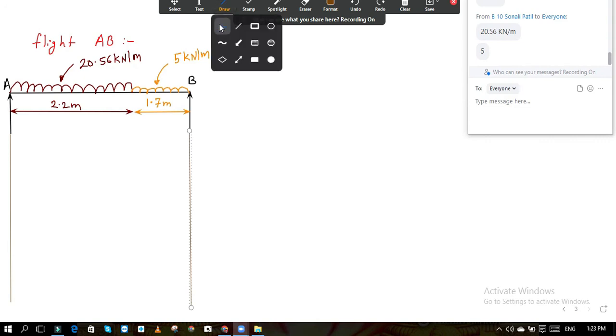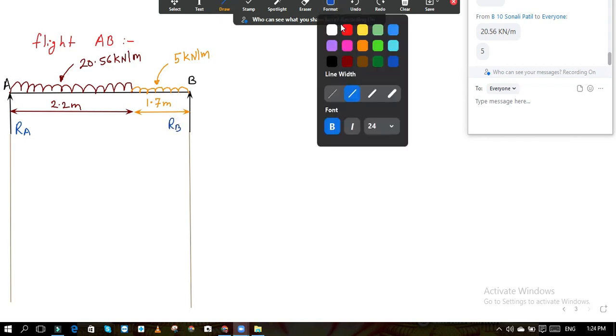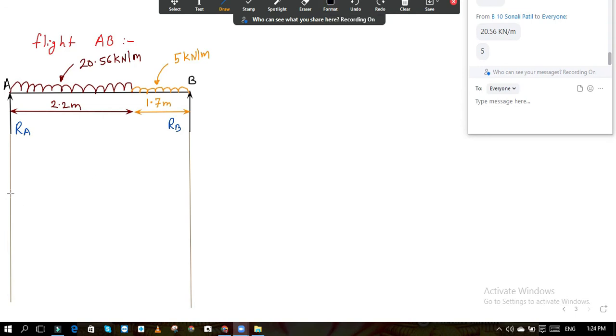Let the reaction at point A be RA and the reaction here be RB. This is our baseline. First we will draw SFD and find where we get the point of zero shear. At that point we will calculate the bending moment, because bending moment is maximum where the shear force is 0.